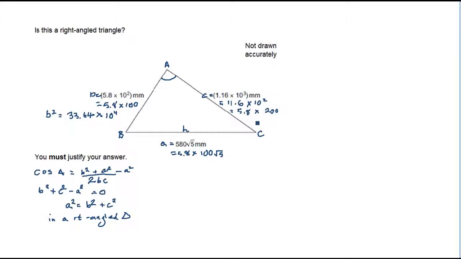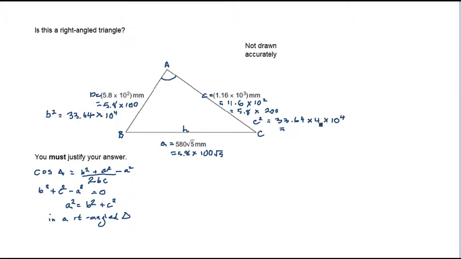But you see, when I come over here, if I now write c squared, then I can use the same calculation. So I've also got 5.8, so 33.64 is 5.8 squared, and 200 is easy to square, so that's going to be 40,000. So it's going to be times 4, again, times 10 to the 4. Prevents me getting lost in the zeros.